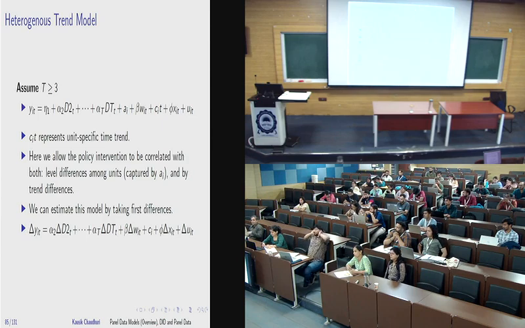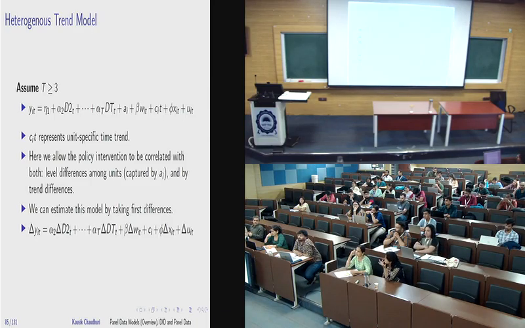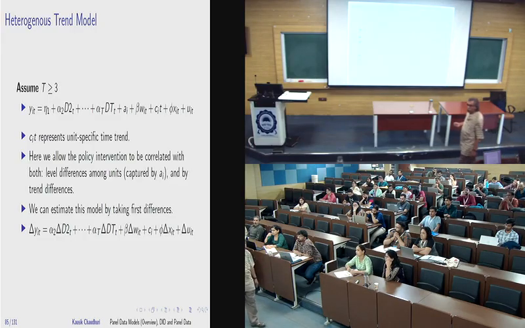So here we should have at least 3 time periods of data, because we are taking the first difference. Clear? When we take the first difference, what would remain? The Ci t would go away, but what would remain is 2 minus 1, 1, 3 minus 2, 1. So it is nothing but your eta, an overall constant. Right?